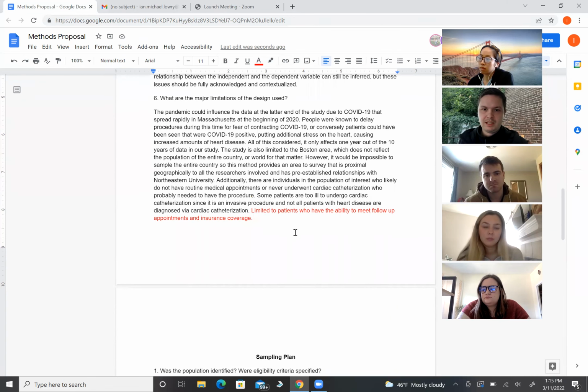Does anyone have anything else for our limitations? We can add in what we mentioned before about if patients come in multiple times, we're not able to keep track of them. Yeah, that's an issue we have now, but maybe when we do our sample discussion or data discussion, which it would fall under, we can look into ways to avoid that.